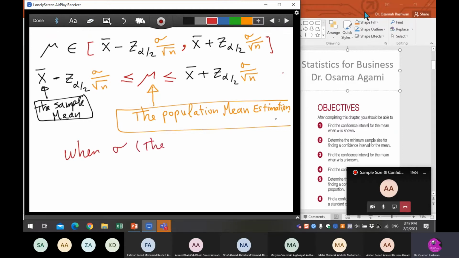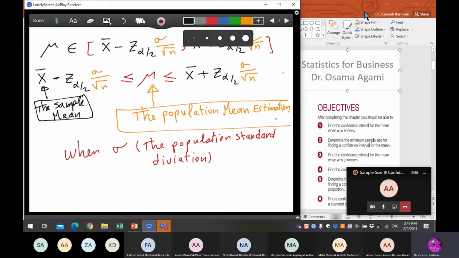The population standard deviation. If this one is known, we go for this formula.